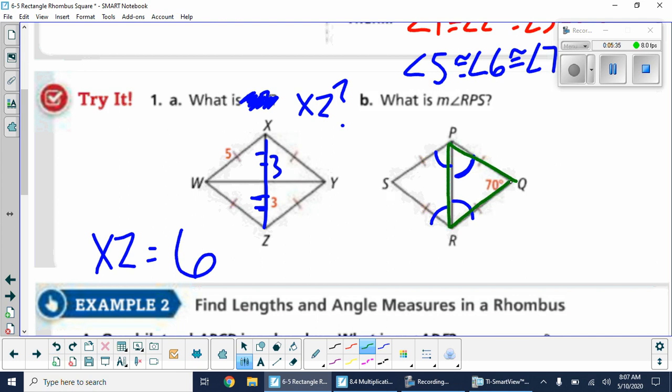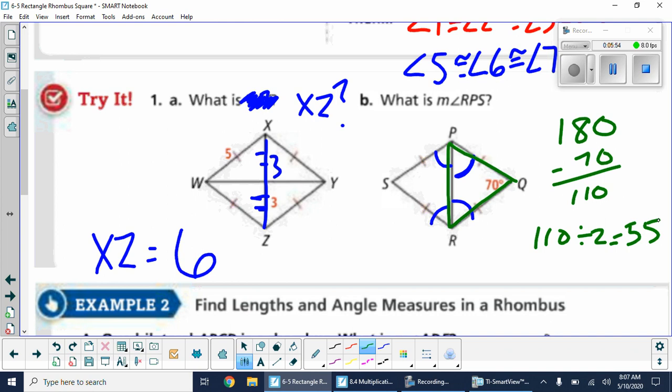In a triangle, we know that everything adds up to 180 degrees. So first, we subtract the 70 that we know, which leaves us with 110. Now, since there are two angles, we need to take that 110 and divide it by 2 to get 55. So each of these angles here, this one, this one, this one, and this one, are all 55 degrees. So the measure of angle RPS is equal to 55 degrees.